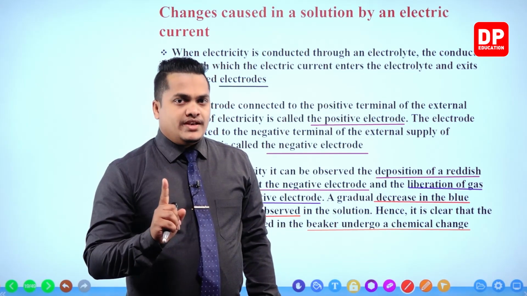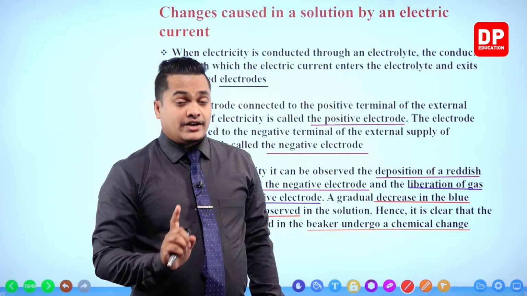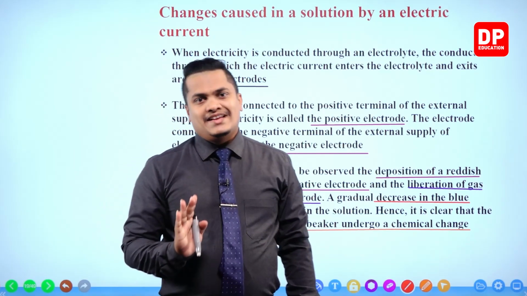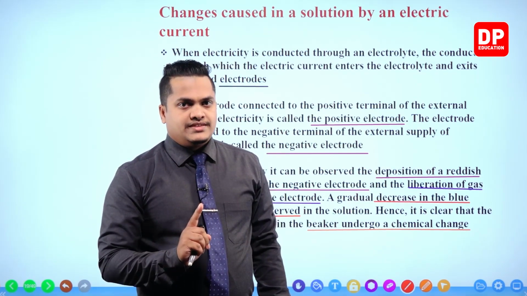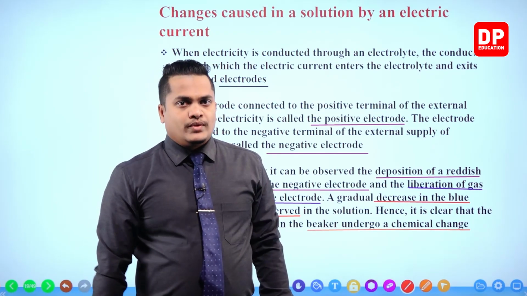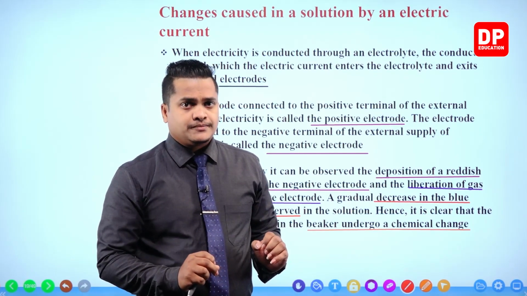So when you are providing electricity to an electrolyte, the first and foremost observation is that we can generate a chemical change.